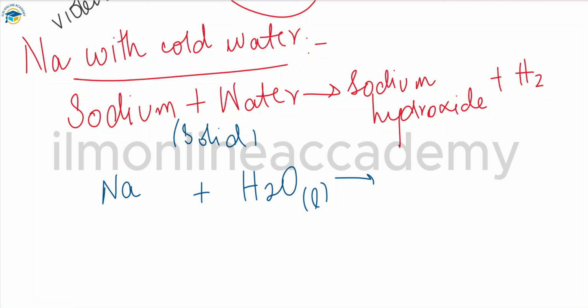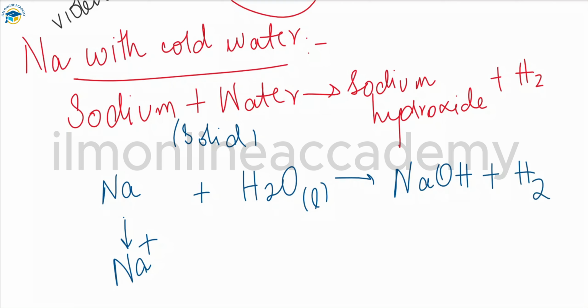Sodium will react with the hydroxide ion. Sodium is a cation, Na positive, and a cation attracts the anion, right? So sodium hydroxide will be produced along with the gas, and that gas is hydrogen. When bubbles are produced in the liquid water, you can easily predict that the reaction is going on, and we have the products: hydrogen gas and sodium hydroxide.